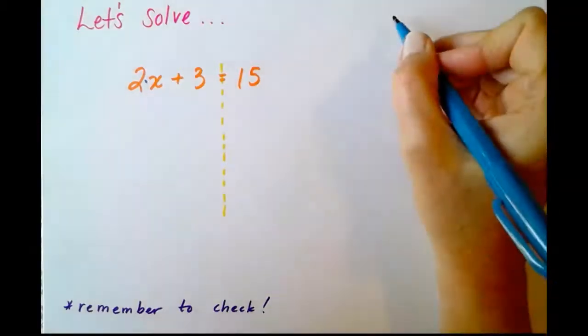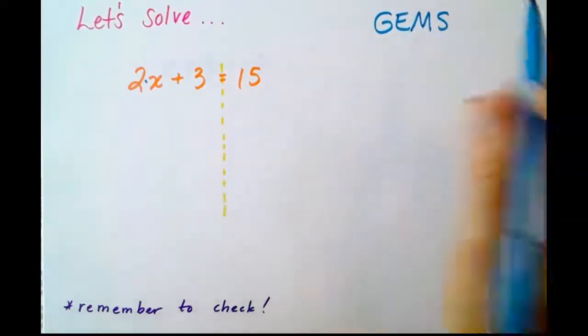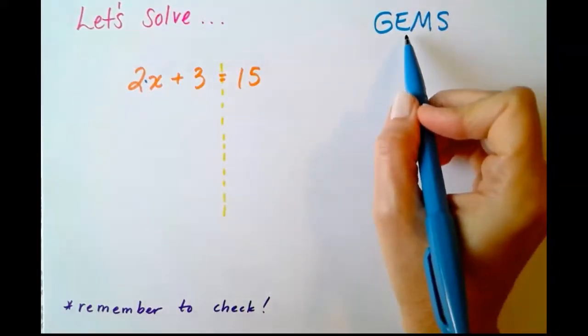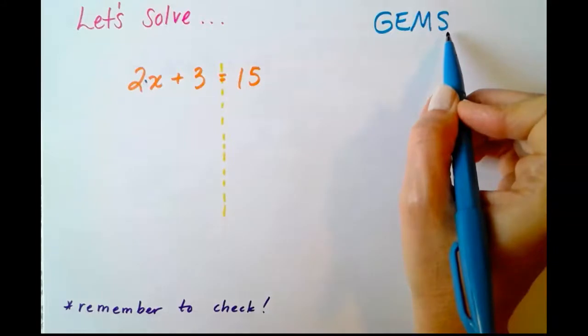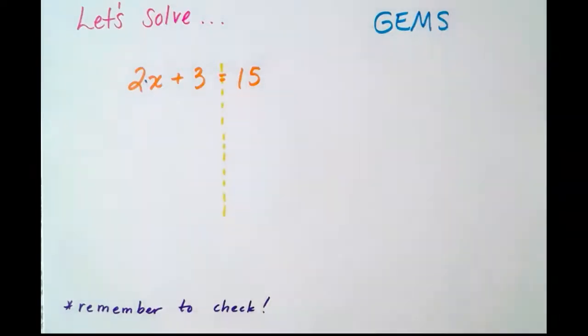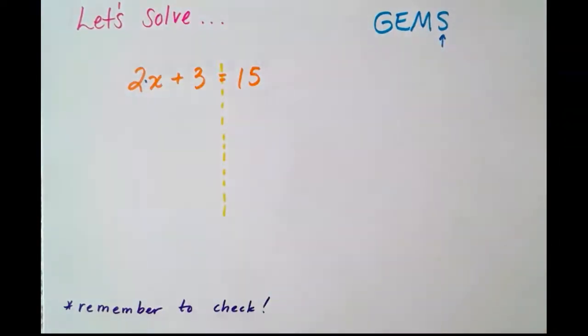Remember, we learned the order of operations G, E, M, S: grouping, exponents, multiplication or division, subtraction or addition, in the order that it comes from left to right. But if we're solving, then we need to go in reverse. So we're going to start by undoing subtraction or addition first.